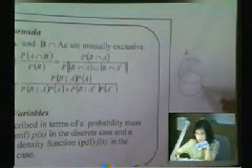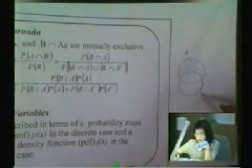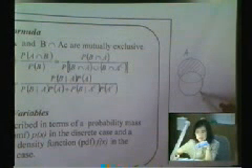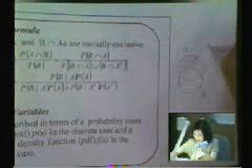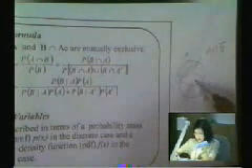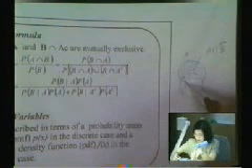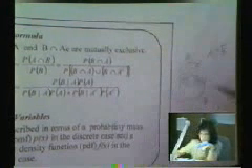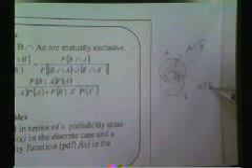This would be P(A intersect with the complementary of B), or B bar, right? What about this part? Right. So we can see that these two terms are actually mutually exclusive.